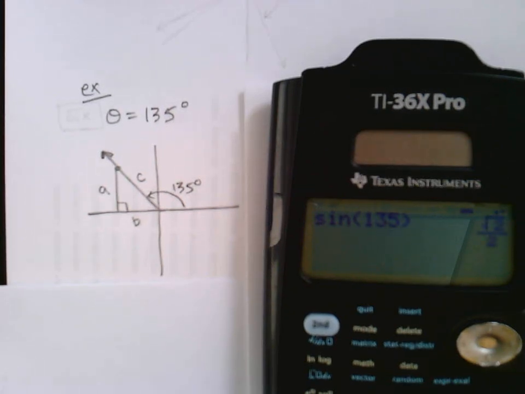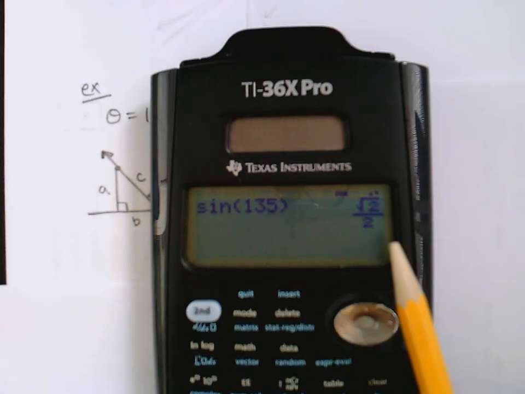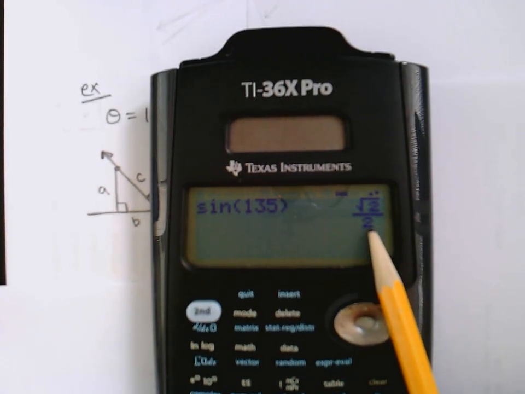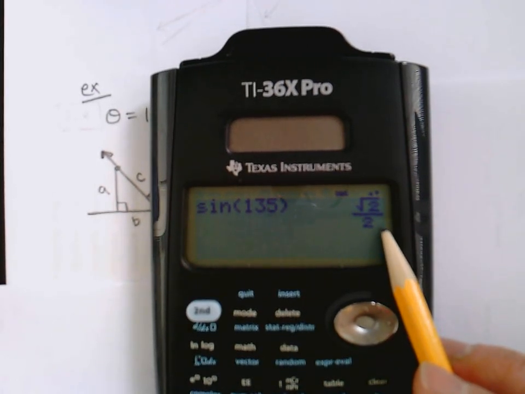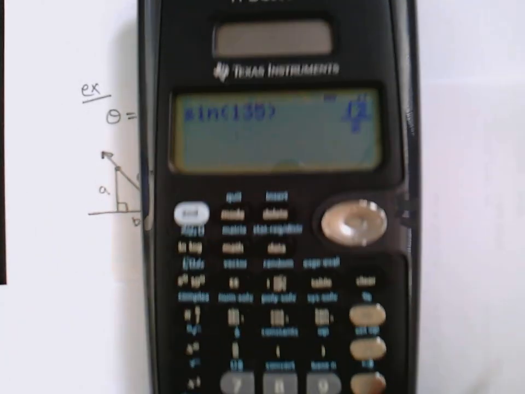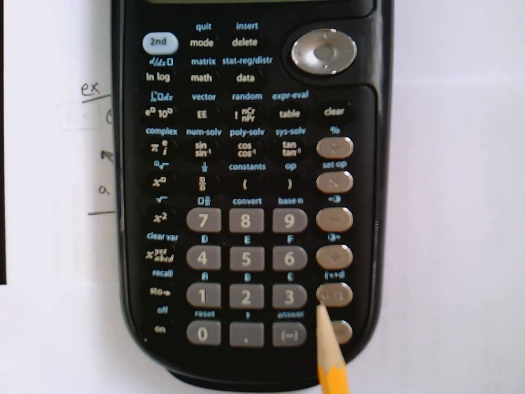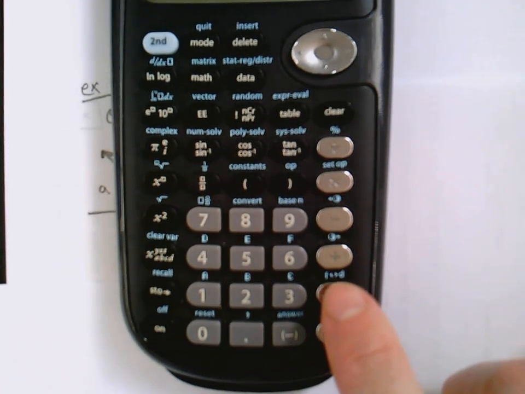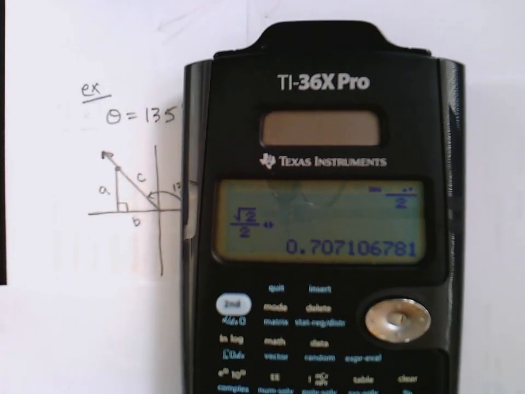135. My calculator is a little bit more modern, so it tells me the exact value. That's helpful, but for a lot of these, I just want the rounded version. On a TI, there should be a double arrow button there. If I hit that, it gives me the decimal.